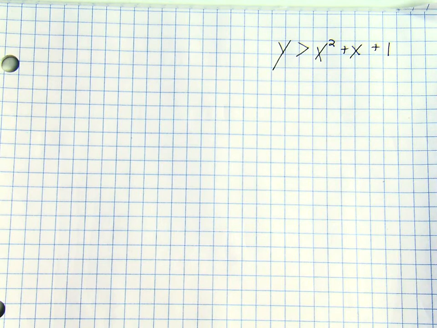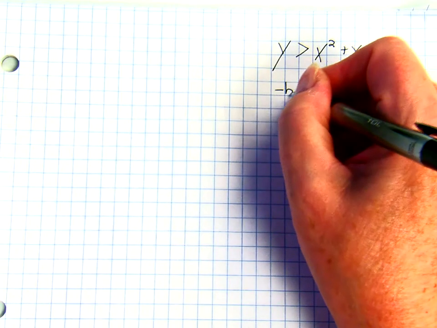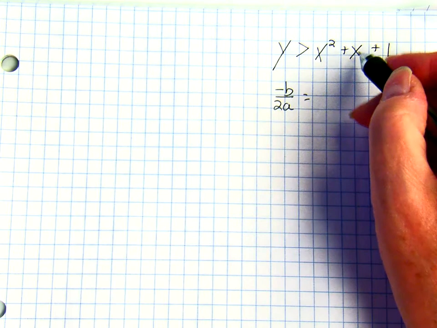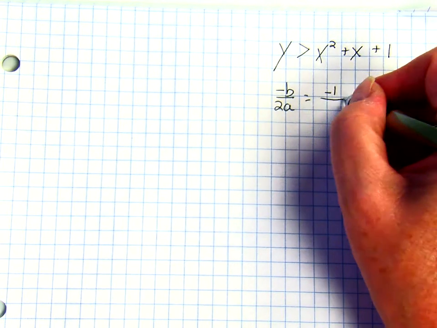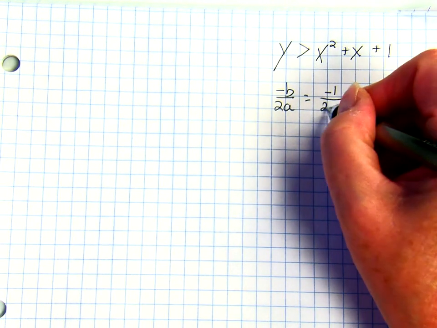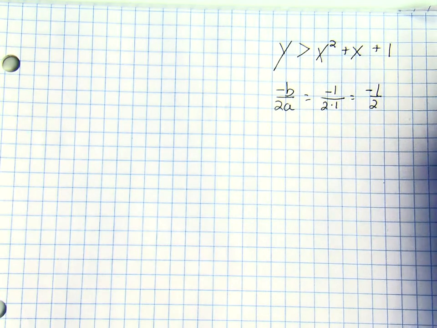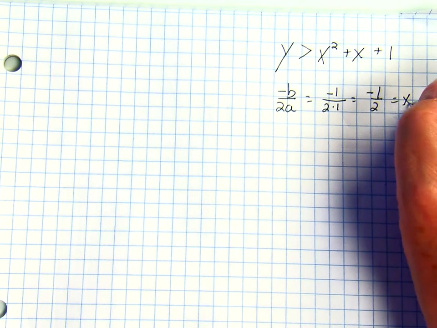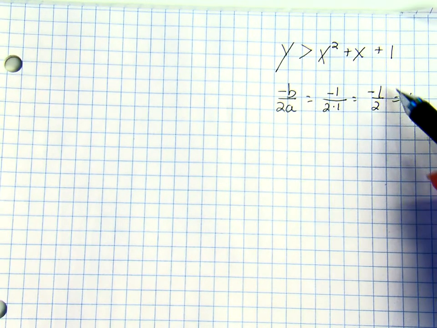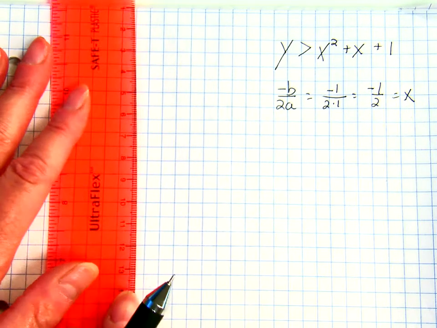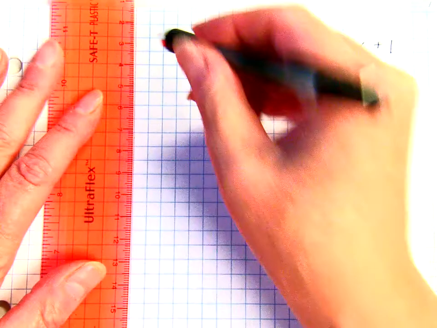I'm going to start again with negative b over 2a, which is negative b, negative 1, over 2 times 1, equals negative 1/2. So that equals my x. So I'm at a negative 1/2 here, so I need to be aware of that. Now I'm going to build my coordinate plane.